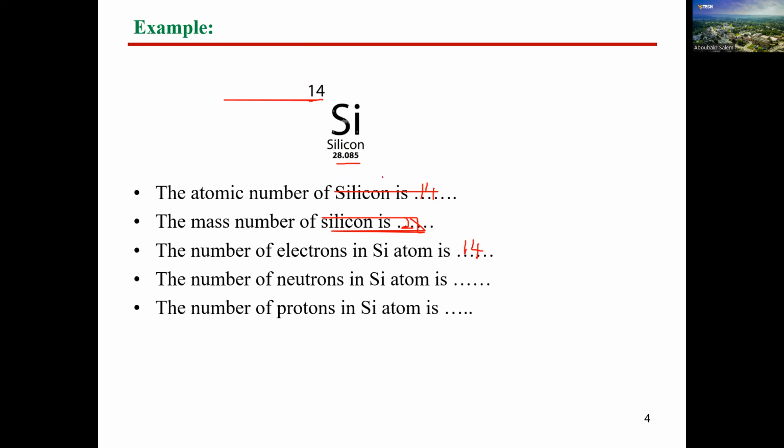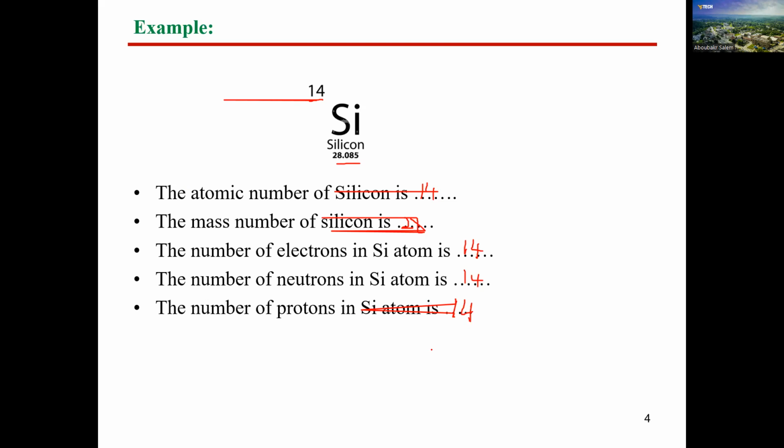So 28 minus 14, so it's also 14 for this element. And finally, the number of protons in a silicon atom. We mentioned together protons and electrons are equal in number and both are the same as the atomic number. So we are right. The number is 14. This is the answer to this question.